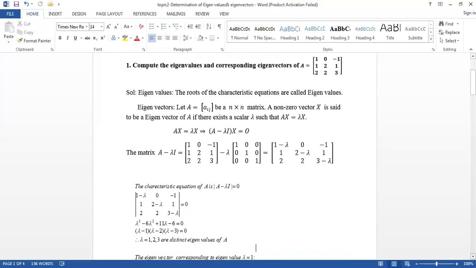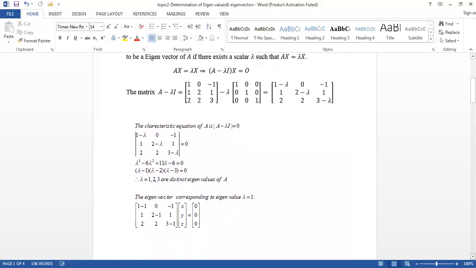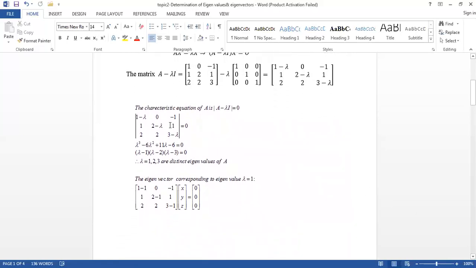Simplifying this, we get the characteristic equation lambda cube minus 6 lambda square plus 11 lambda minus 6 equals 0.